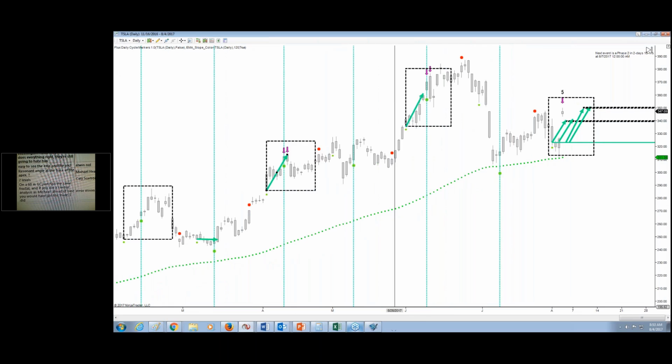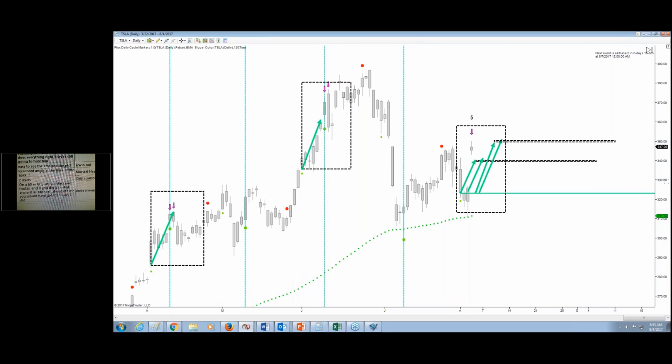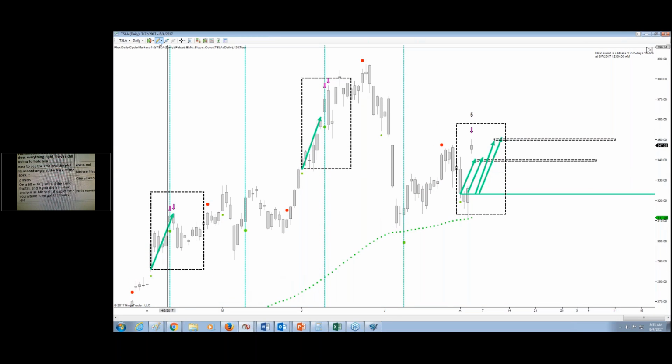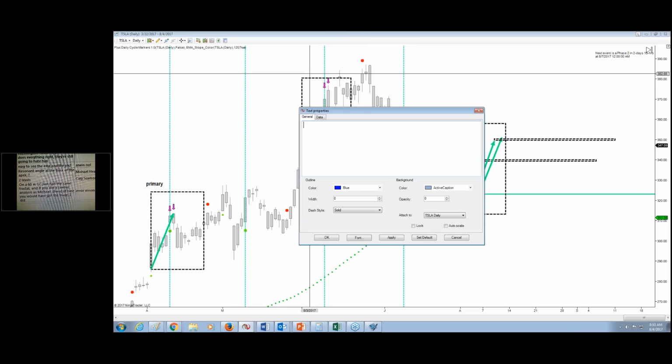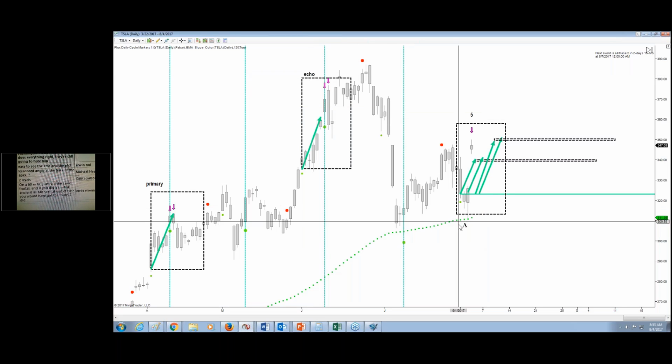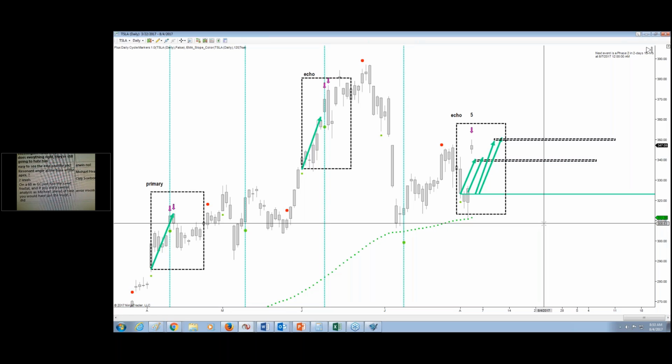Okay, that makes this even easier then. So these are the primaries and these are the echoes. I knew I'd get there.